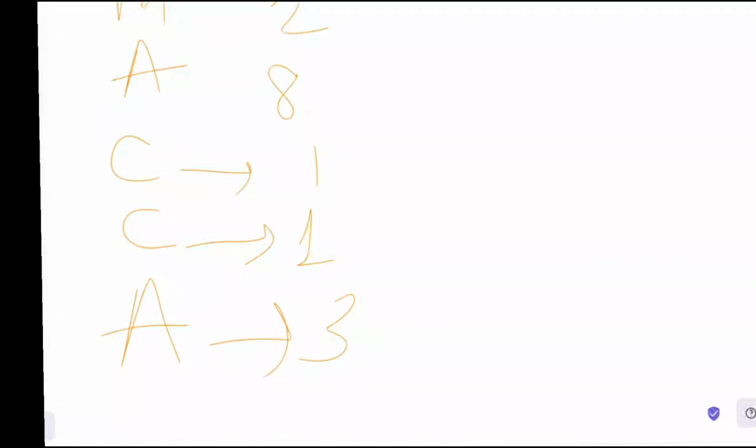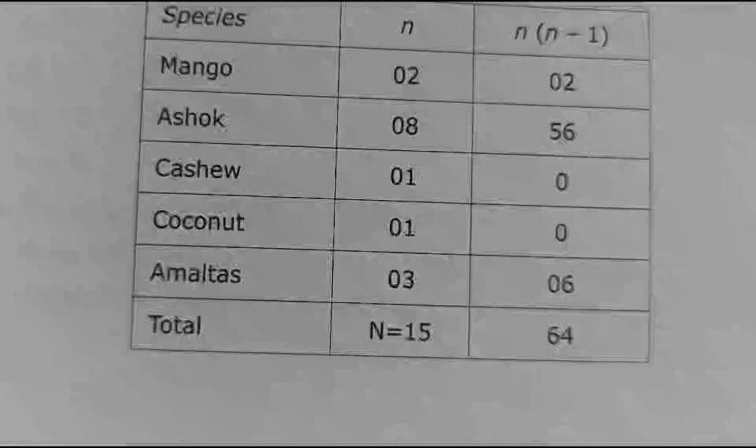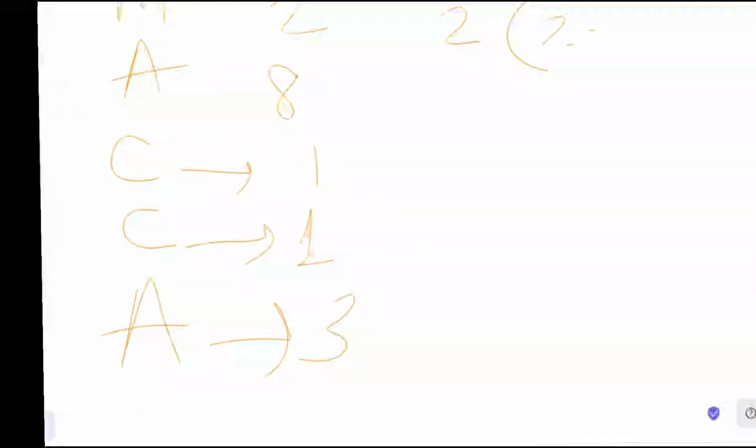So here the value of n is given. Now what we are going to do is apply this in the formula. It will be 2 in bracket 2 minus 1. Similarly 8 in bracket 8 minus 1, 1 in bracket 1 minus 1.